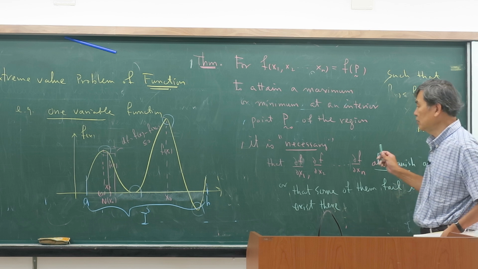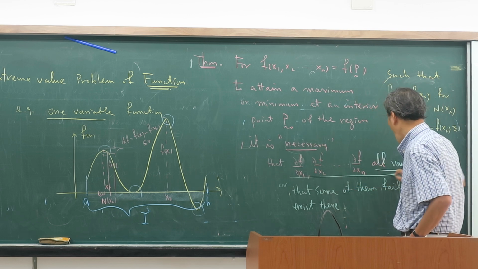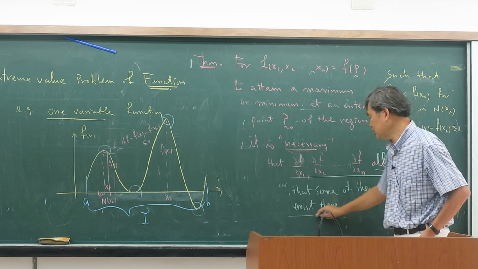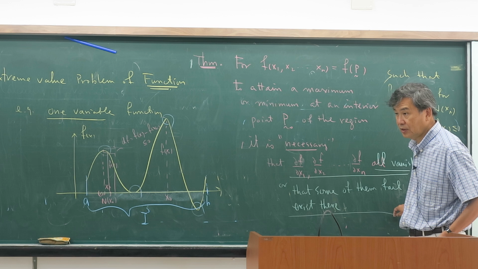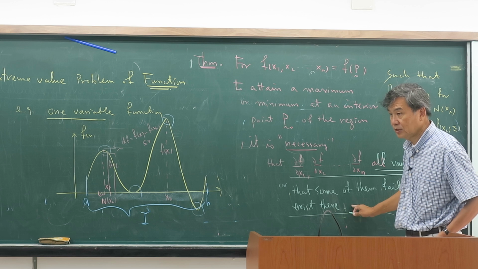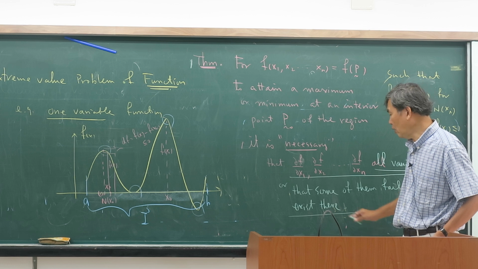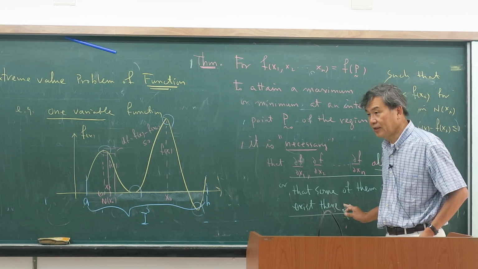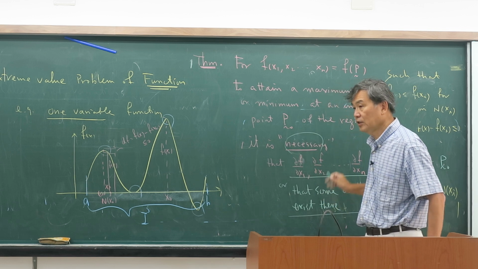This is a very interesting condition. Necessary: either all or partially vanish. Even partially, some not, but partially vanish. If all do not vanish, then it cannot be an extremum.